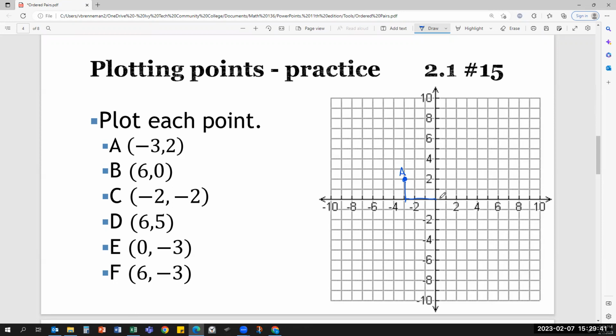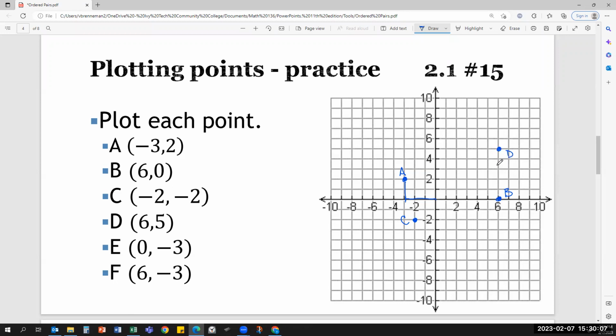And then (6, 0), 6 units horizontally from the origin, 0 units vertically, puts us here. (-2, -2), we get 2 units to the left and 2 units down from the origin. (6, 5), 6 units to the right, 5 units up.